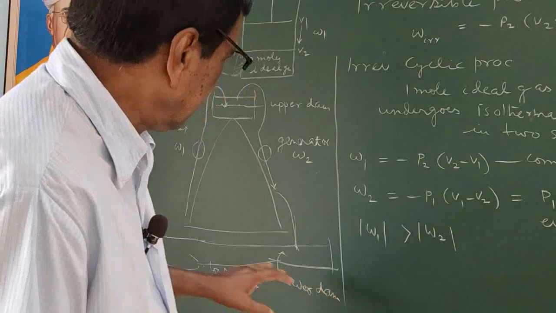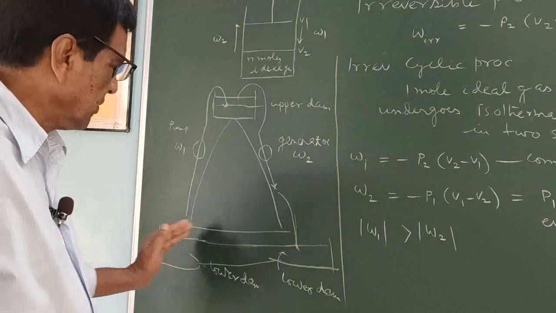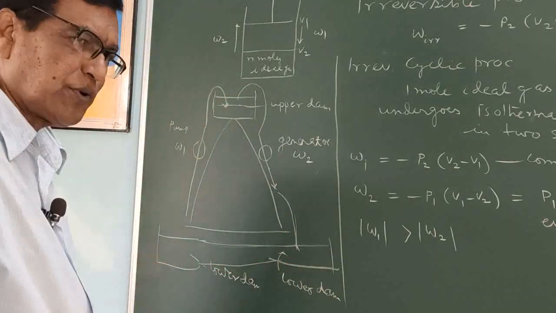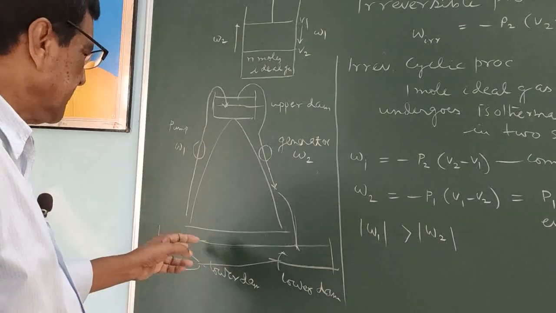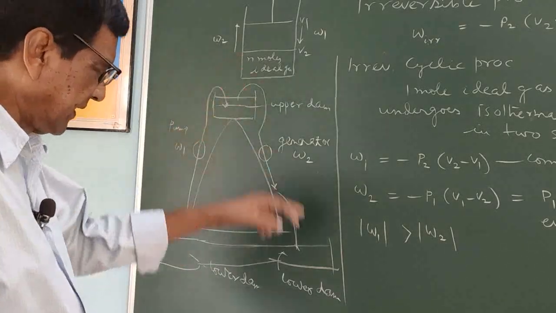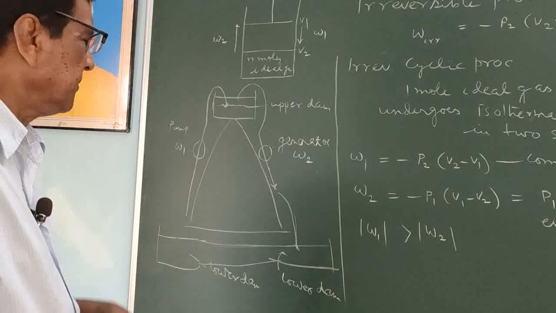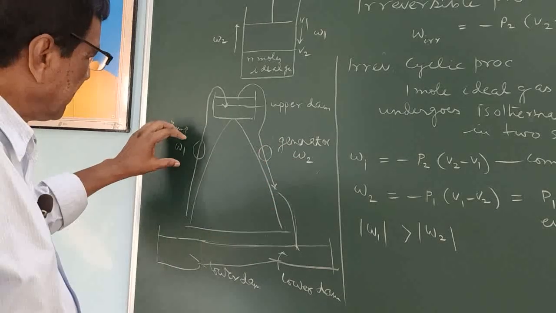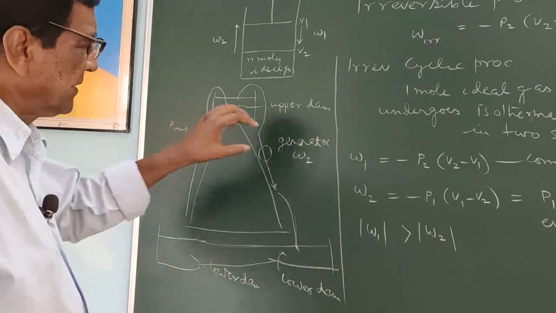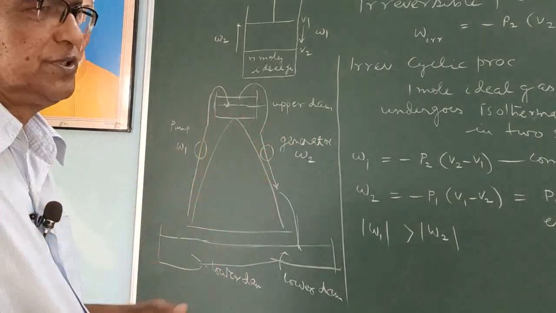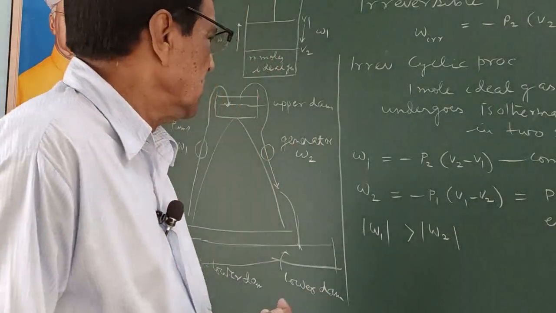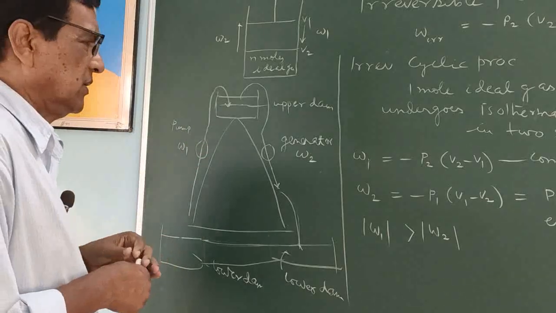From the initial state, the water again comes to the lower dam, and repeatedly this water is again lifted and again comes to this lower dam. This is W1, this is W2. Here work is required, here work we shall get. So electrical work, you can say.